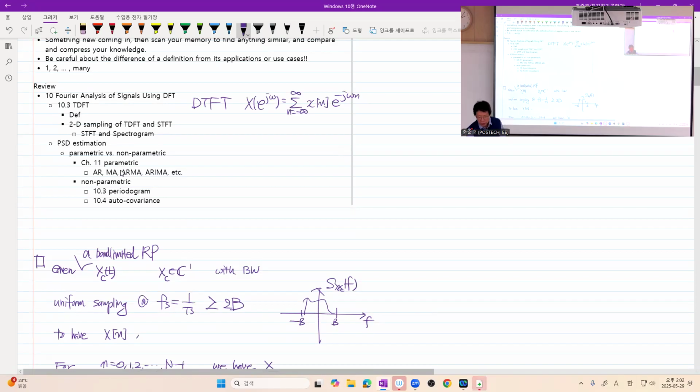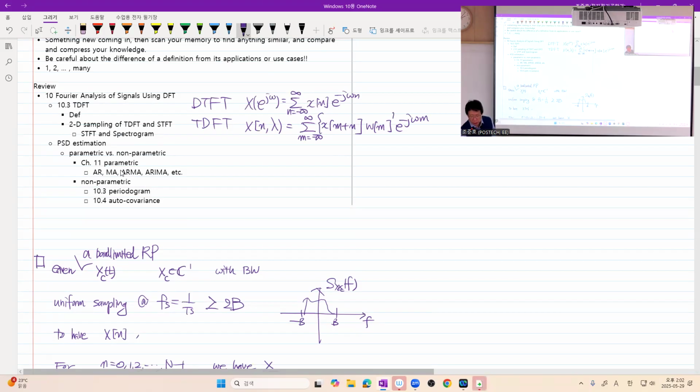And here, the time-dependent DTFT, simply time-dependent Fourier transform, is a little bit different. We have two parameters, n and lambda, and the summation is over m, and we have the signal x of m advanced by n and properly windowed, and the discrete time Fourier transform is performed.